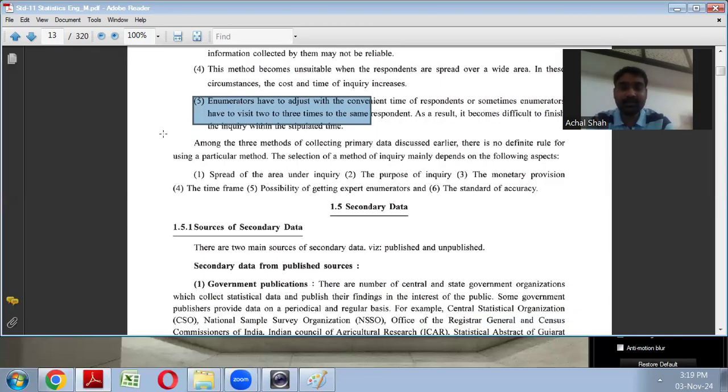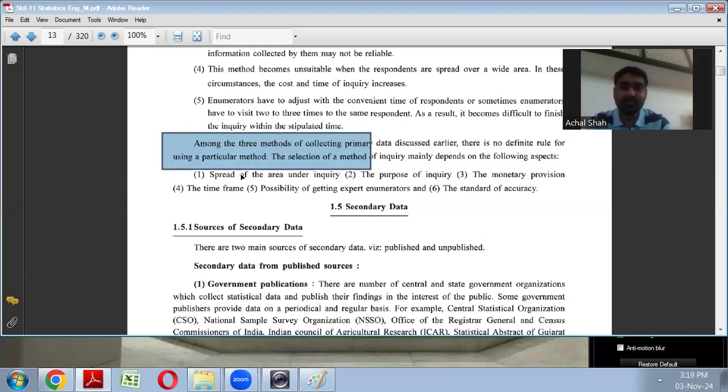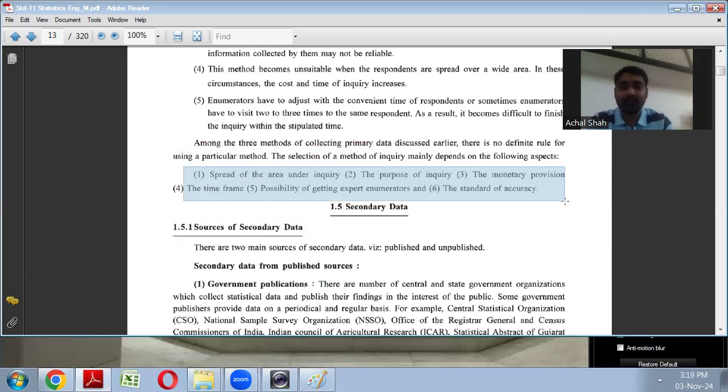So as such, we have discussed these three methods, right? So there is no definite rule that which method you will be using, but it depends upon many aspects. Which method you will adopt, that depends upon these criteria.